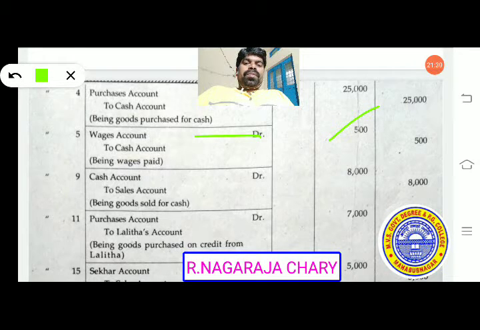In what way are we paying? We are paying in terms of money, so that is why cash account is to be credited. The narration is being wages paid for the month. So that is a journal entry for wages paid.